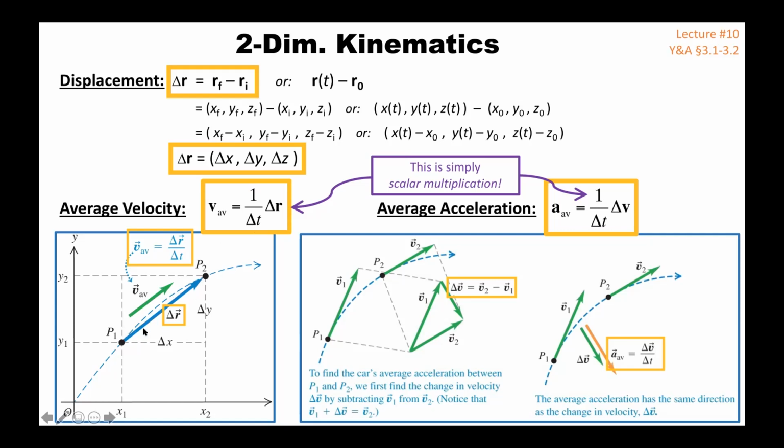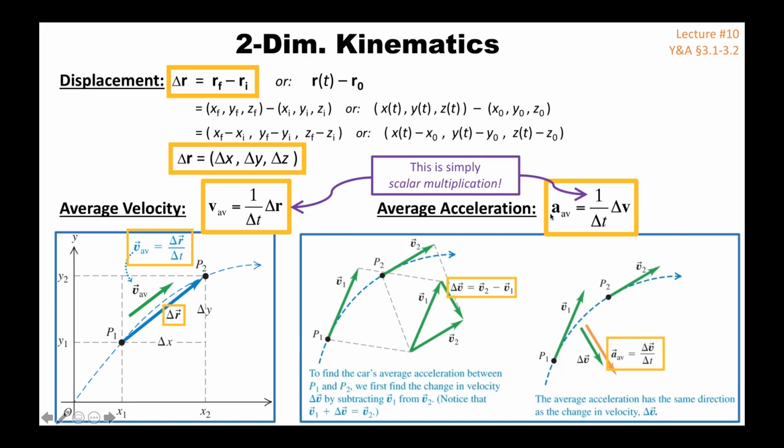So if the displacement vector between time 1 and time 2 looks like that, now notice that's r2, the position at time 2, minus r1, the position at time 1. So that gives us delta r right there. The average velocity of this object over that time interval from t1 to t2 is going to have the same direction as the displacement vector.